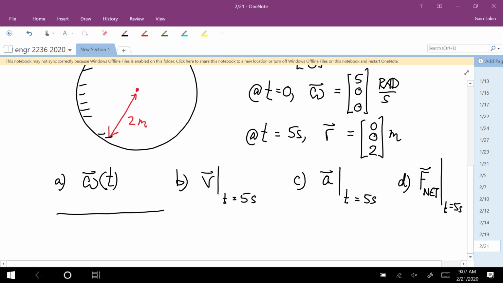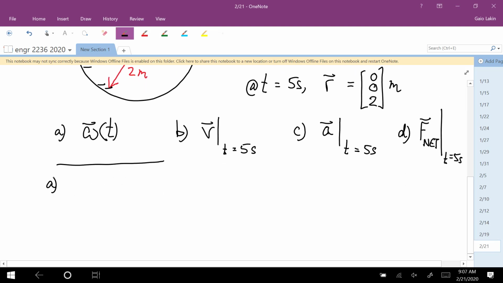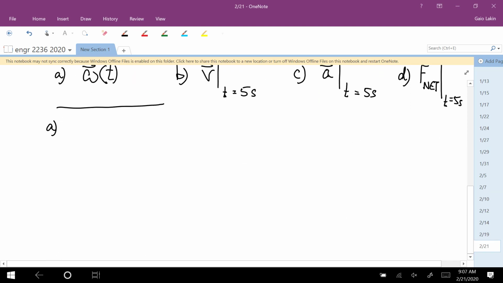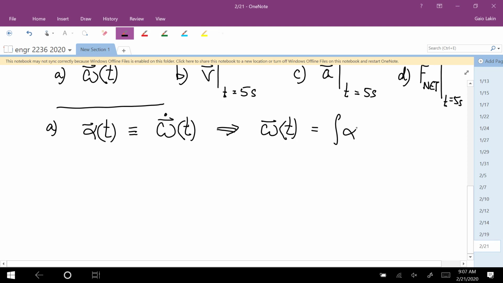All right, so the definition of angular acceleration as a function of time is the time derivative of the angular velocity as a function of time. So we can calculate the angular velocity as a function of time by integrating the angular acceleration with respect to time.